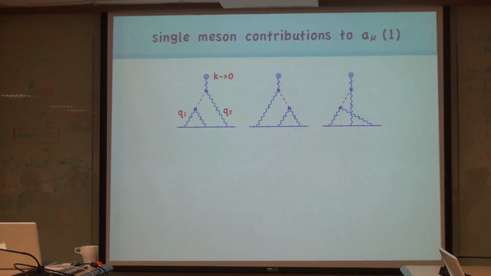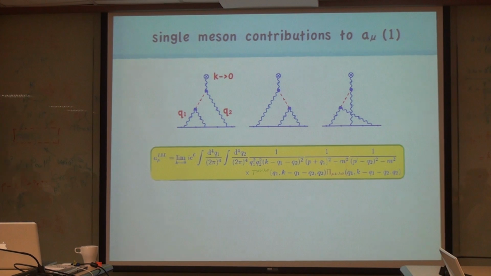There are three topologies actually of these diagrams. It's typically a two-loop integral, so you have to integrate over these two virtualities. You have 5 propagators, so 3 photon propagators and 2 muon propagators here, and then you have a lepton tensor, which is well known.